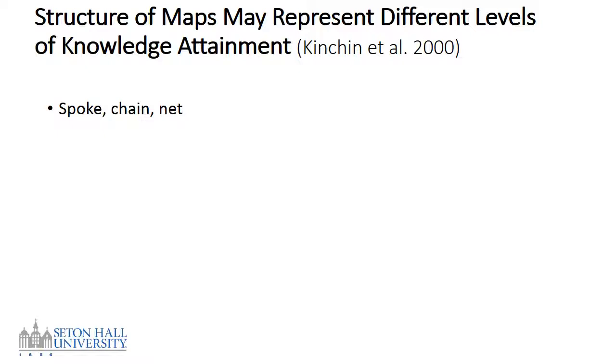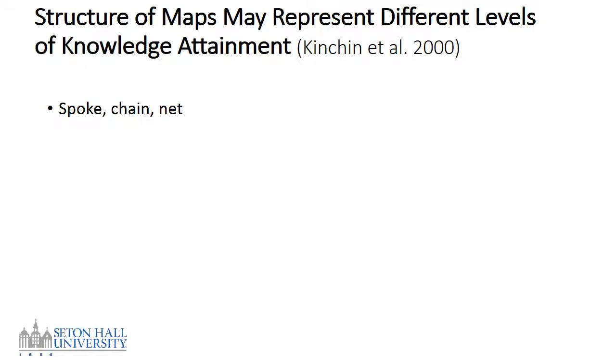The last thing that I want to do before concluding this presentation is give you a little preview of what you might expect to see were you to start using concept mapping in your classroom. Research has suggested that the structure of maps produced by students may represent different levels of knowledge attainment.